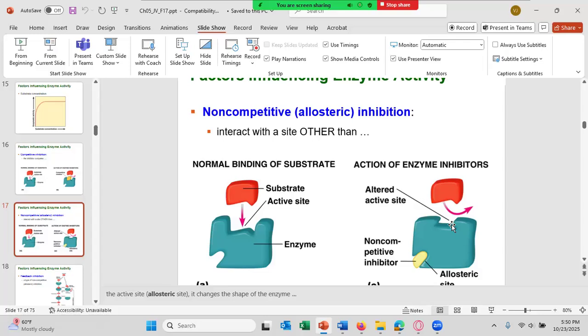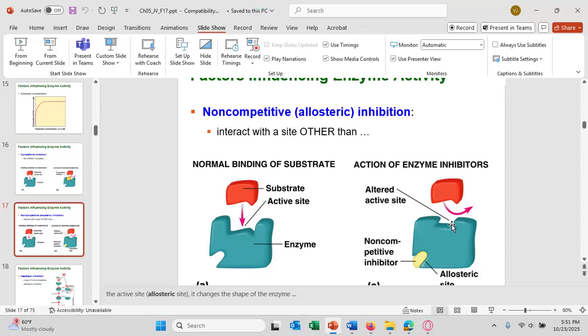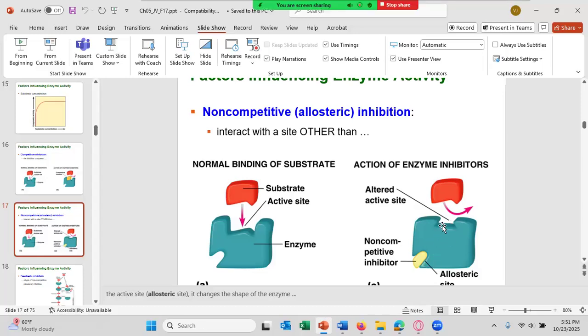Any questions about allosteric or non-competitive inhibition, where the inhibitor is binding at a site other than the active site, and that changes the folding pattern of the enzyme, so the active site can no longer bind to the original substrate?